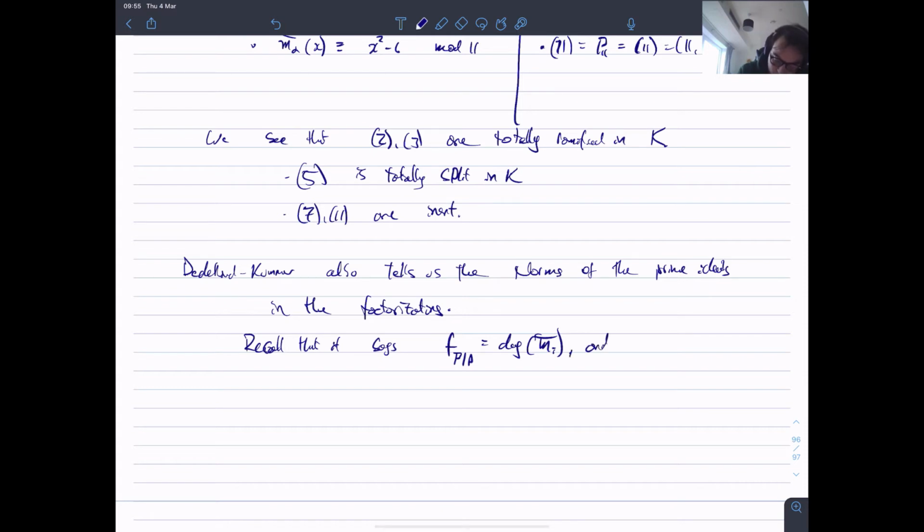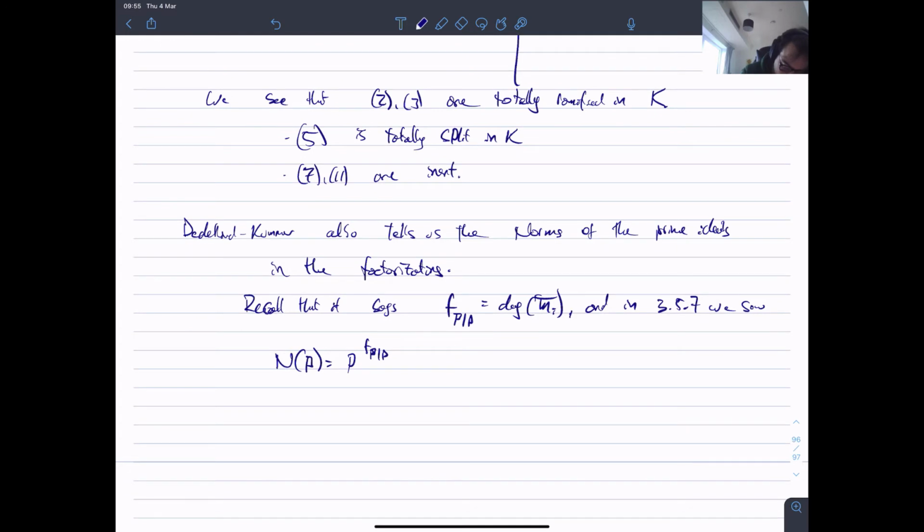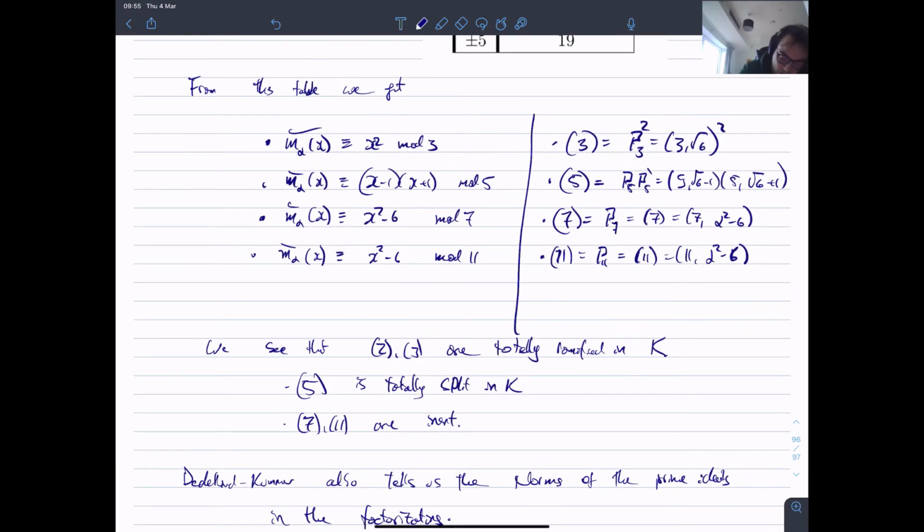And in, what was it, theorem 3.5.7, we saw that the norm of a prime ideal is the same thing as p to the residue degree, or at least it follows from the proof of this theorem. So in this case, this P3 corresponds to a polynomial of degree 1 squared.